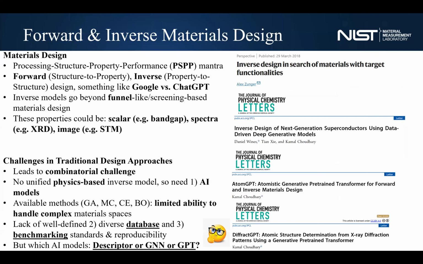The basic principle of material design is processing, structure, property, performance, the PSPP mantra or guideline. As a forward task, you go, for example, from structure to property, but for an inverse model, you go from property to structure. I personally see it as Google versus ChatGPT. Suppose you want to find good restaurants near me.